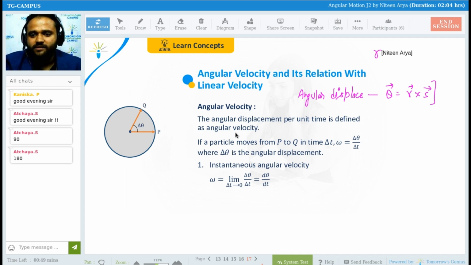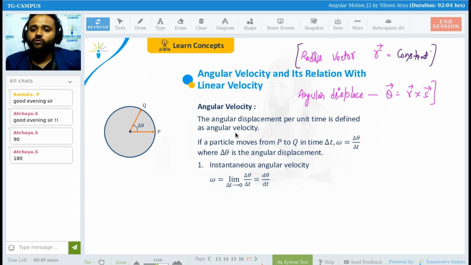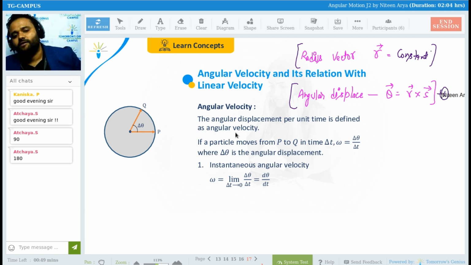R is a constant vector, the radius vector, because it is the radius of a circle. So R here is going to be constant. And I want to find angular velocity, so I'm going to differentiate this equation 1, this angular displacement, and automatically I can get everything.